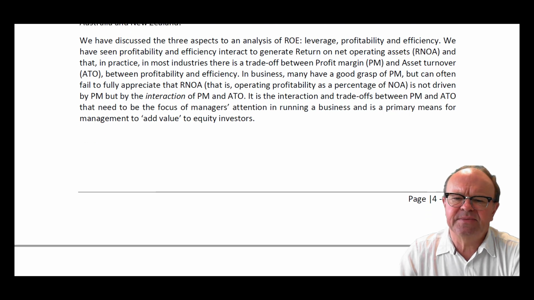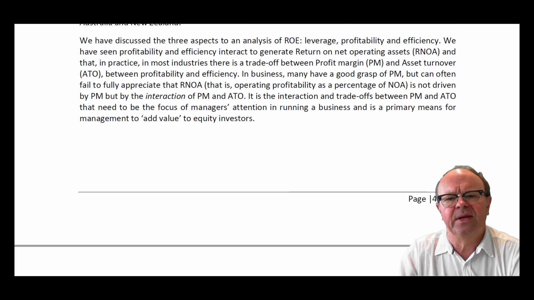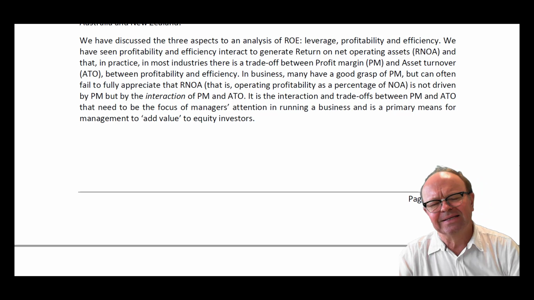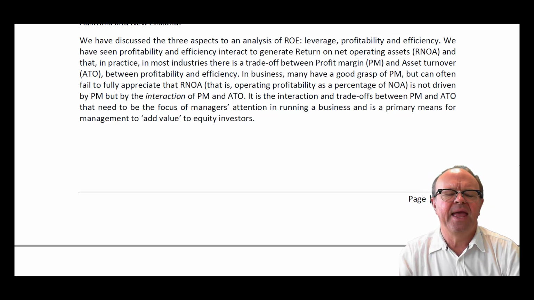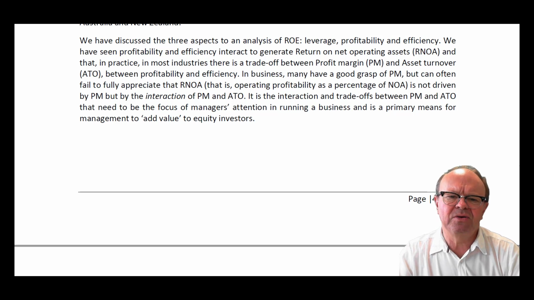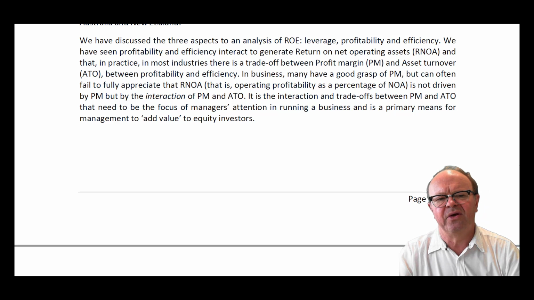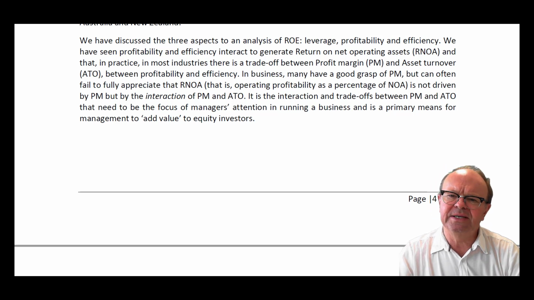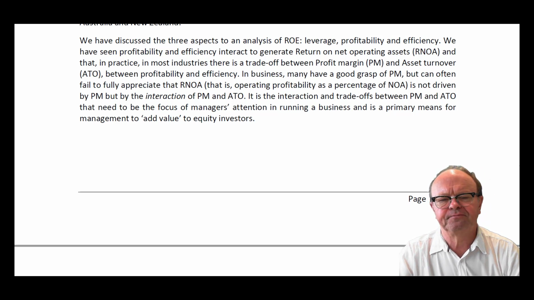We've discussed the three aspects to an analysis of return on equity: leverage, profitability, and efficiency. We've seen profitability and efficiency interact to generate return on net operating assets, RNOA, and that in practice, in most industries, there is a trade-off between profit margin and asset turnover, between profitability and efficiency.